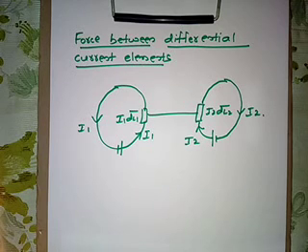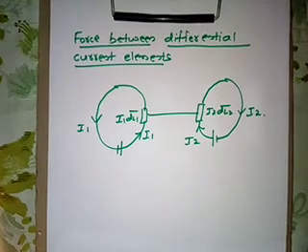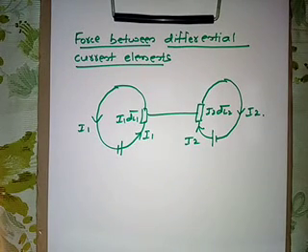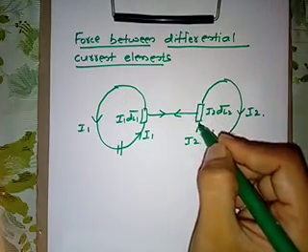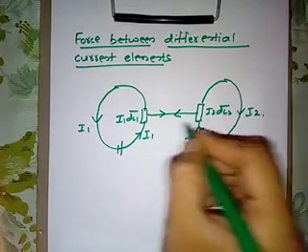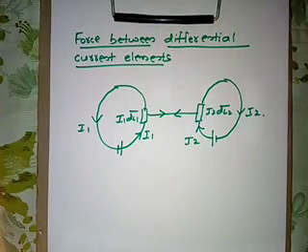Similarly here we are considering two differential current elements, I1 dl1 bar and I2 dl2 bar. The current through both of them is the same, so there will be a force of attraction between the two current carrying elements.